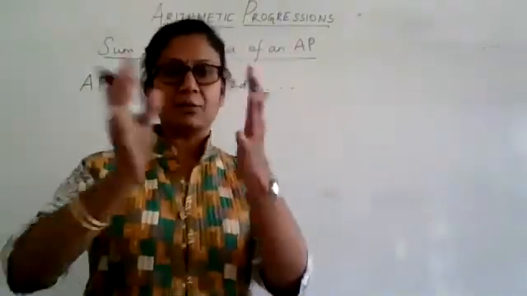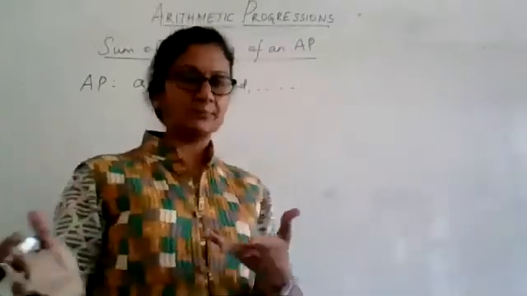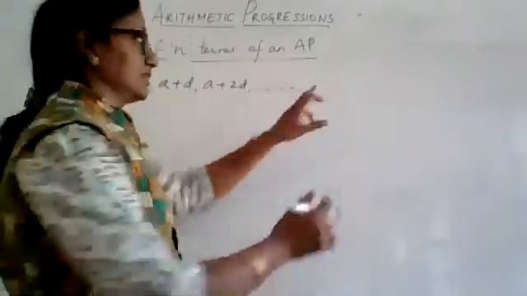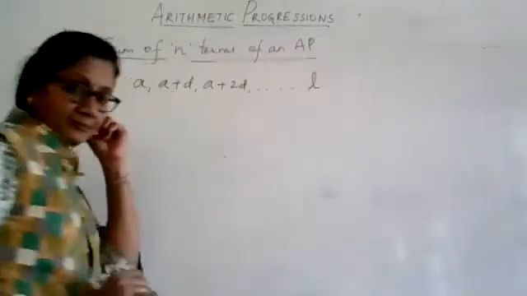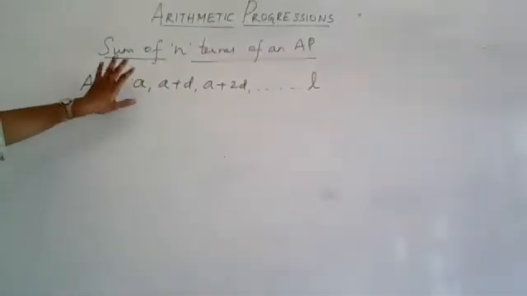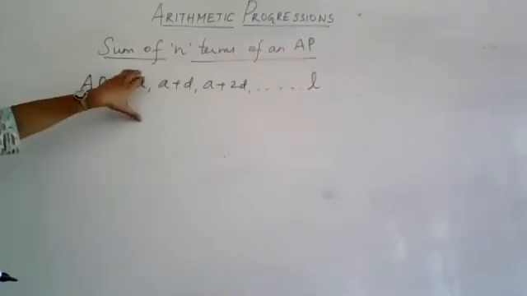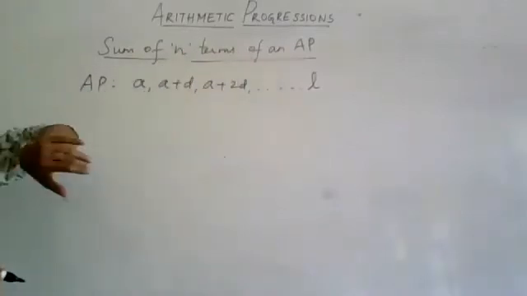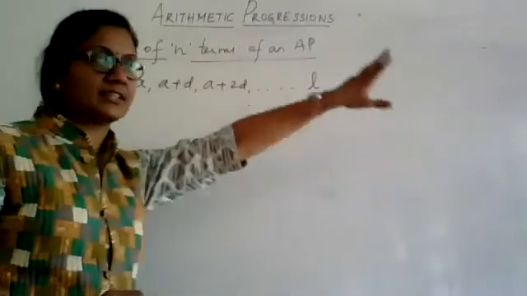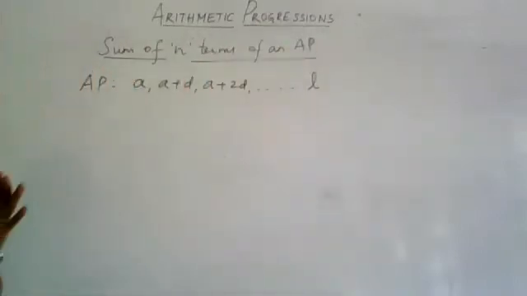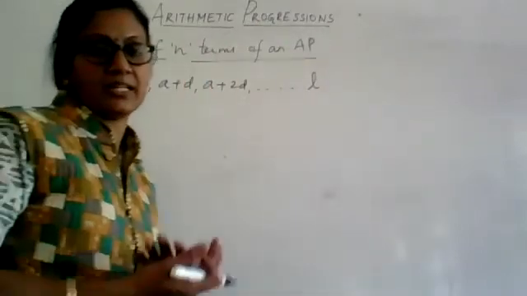Then we can't sum up all the terms. When I say all the terms, that means there is a last term, which we call n. So if I want the sum of n terms of an AP, I have to specify the sum of the first 10 terms or the sum of the first 20 terms of an AP. This is how the problem is to be posed.